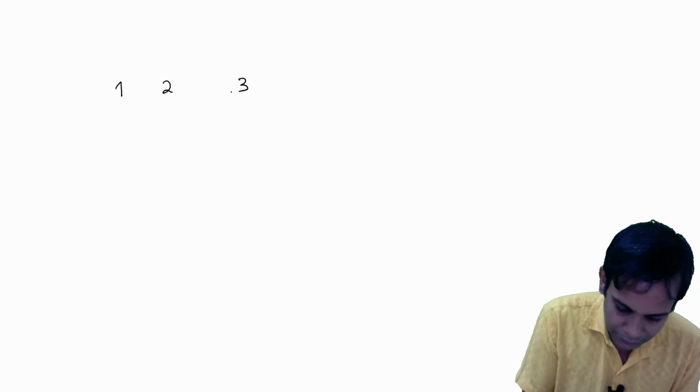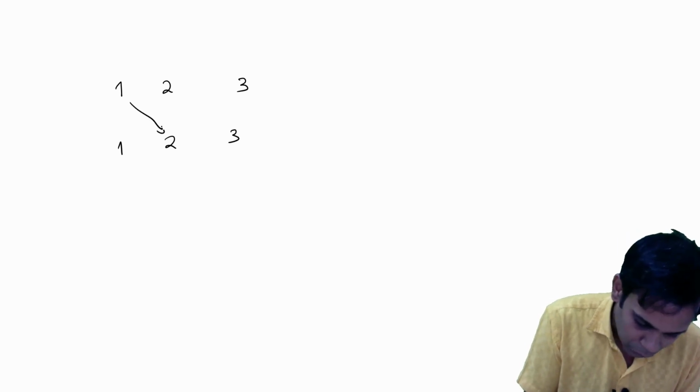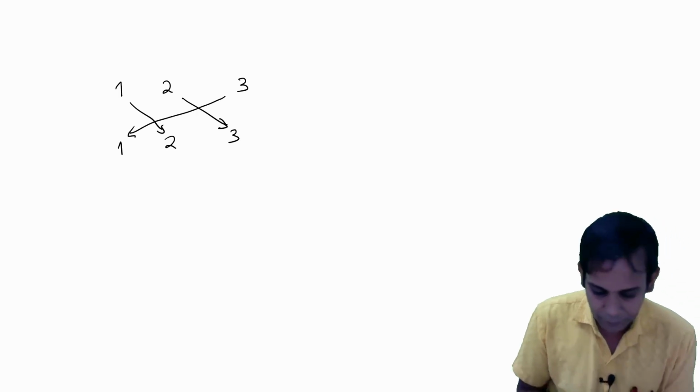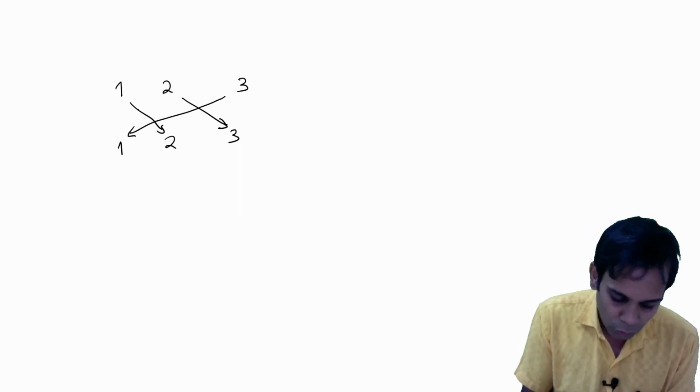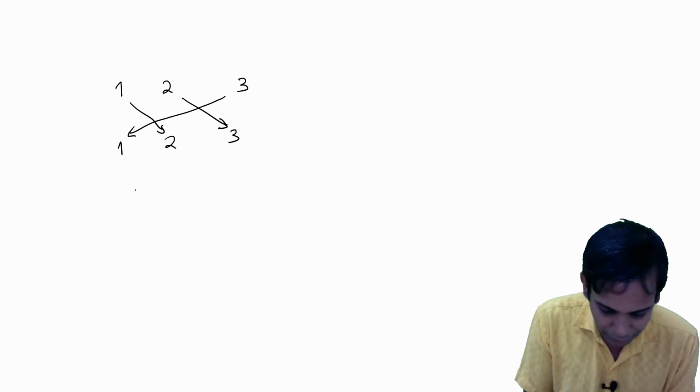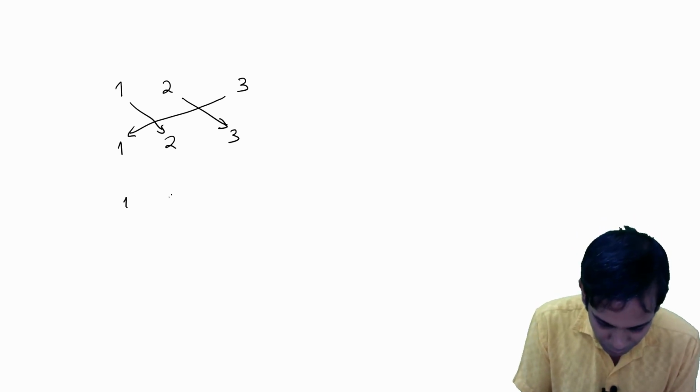The third property that I want to illustrate about permutations is that it is possible to undo anything that you've done. So if I have a permutation taking 1 to 2, 2 to 3 and 3 to 1, then I can find a permutation which undoes whatever I did. So if I have taken 1 to 2, I want to undo it, I want to take 2 back to 1, right. So let's see how to do that.